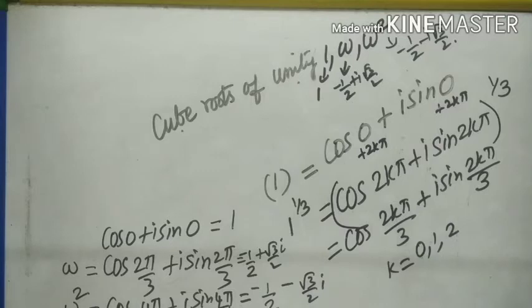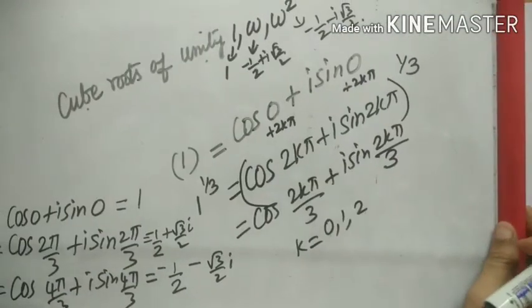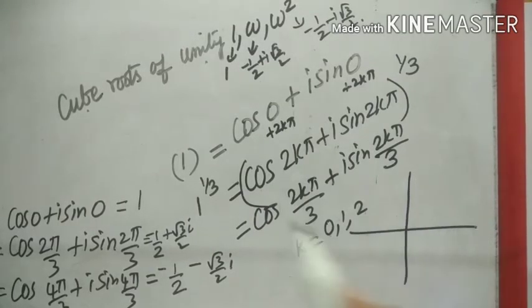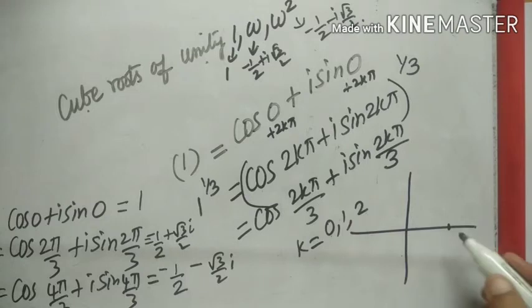Can I extend this to the Argand diagram? How will I draw it? The first value 1 is at (1, 0). The cube roots of unity actually form an equilateral triangle.